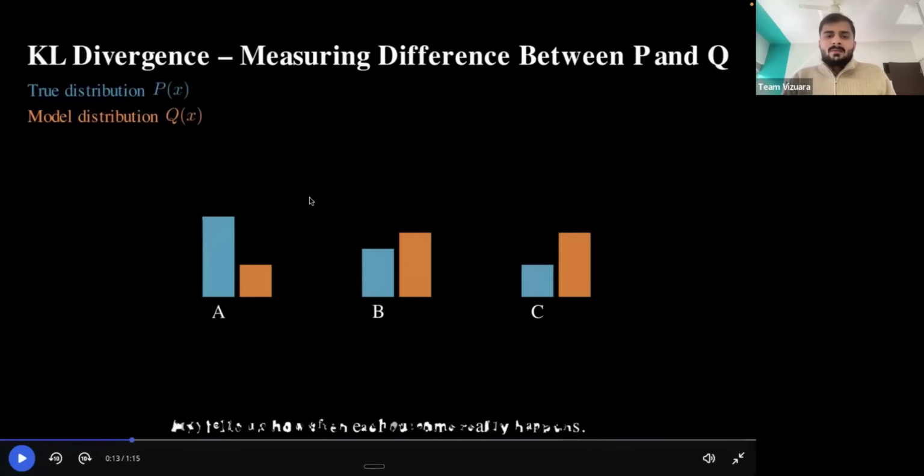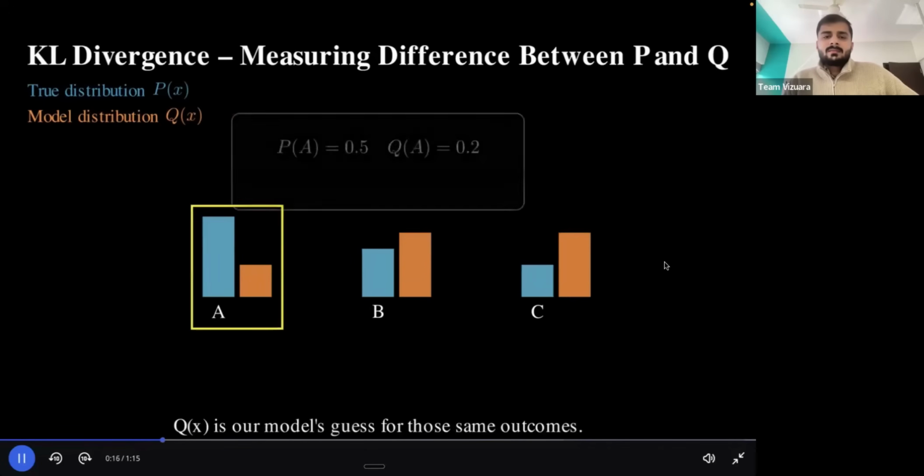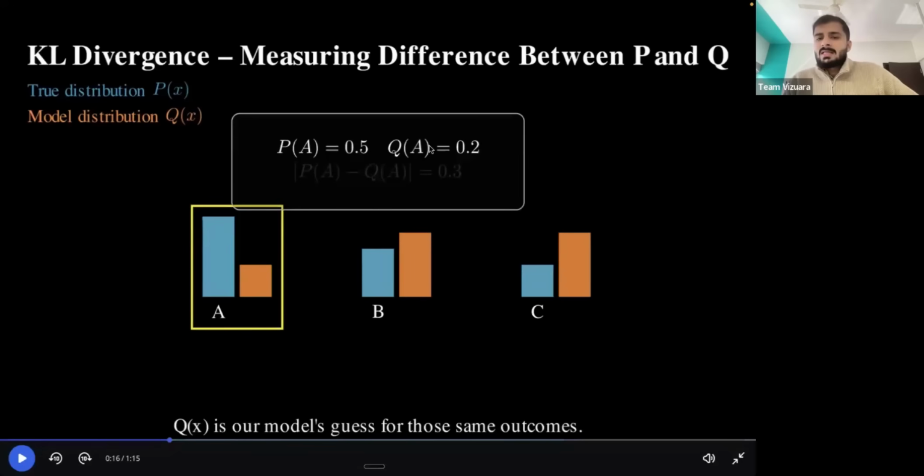The blue distribution is the true distribution, which is denoted by P of X, and the model distribution is in orange, which is denoted by Q of X. So here we have three different observations, and we have probabilities for all these three observations, A, B, C. Now, for A, you can see that the true probability is 0.5, but our model has predicted 0.2. So if you simply take the difference between the two, you get 0.3.